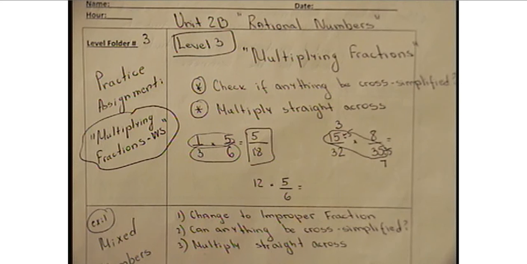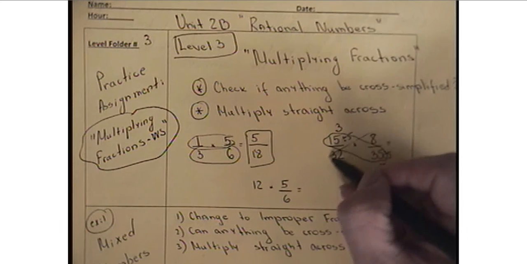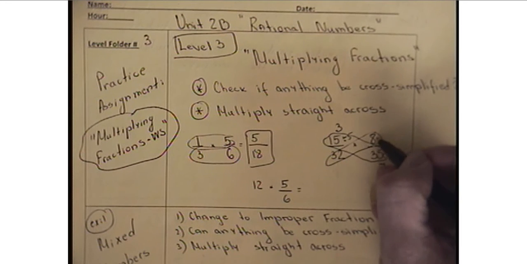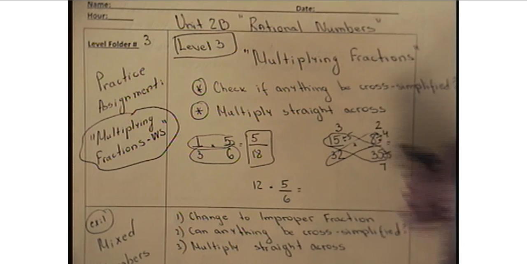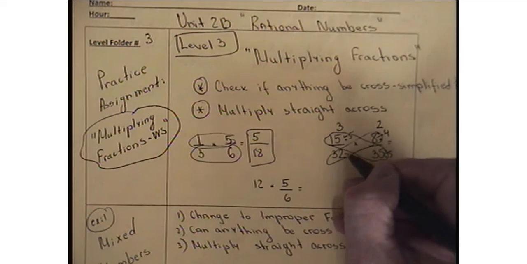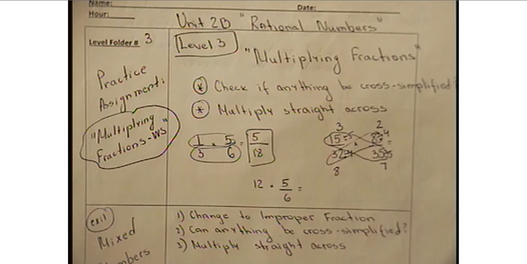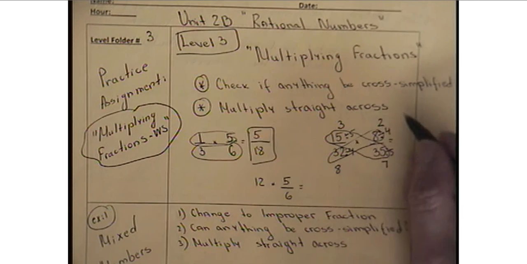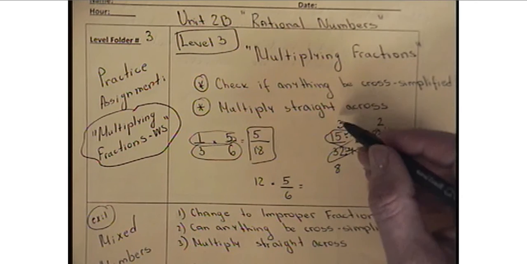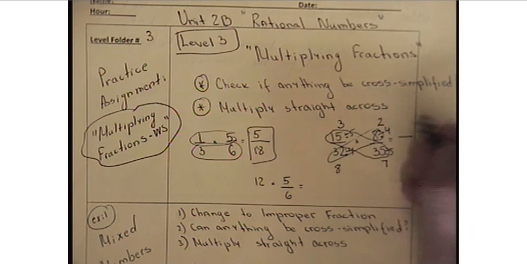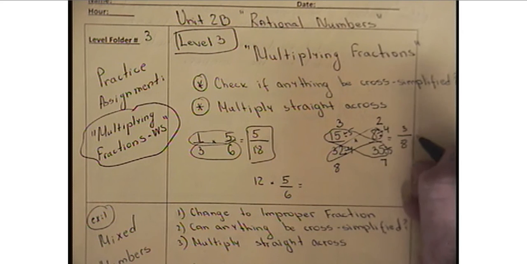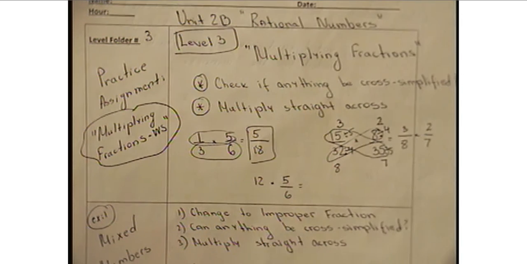Then we can simplify the other two: 8 divided by 4 gives us 2 on the top, and 32 divided by 4 gives us 8. So let's write what we have now as new fractions. The first one is 3/8 times 2/7.